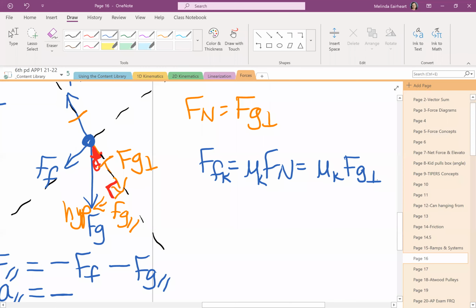Well, if you look at the triangle, what trig function can I plug in for Fg perpendicular? mg. If you look at the triangle, the perpendicular component is adjacent to the ramp angle. Fg is always your hypotenuse, so it would be the weight times cosine theta.